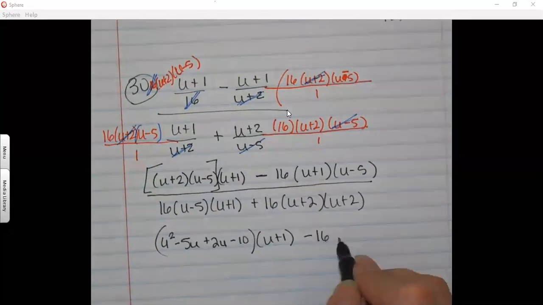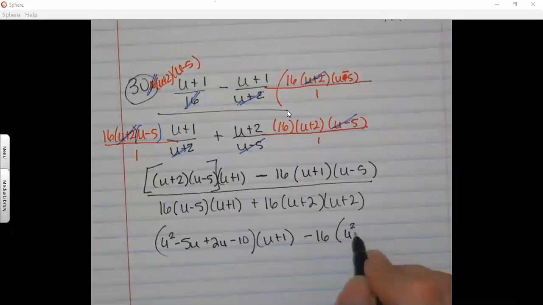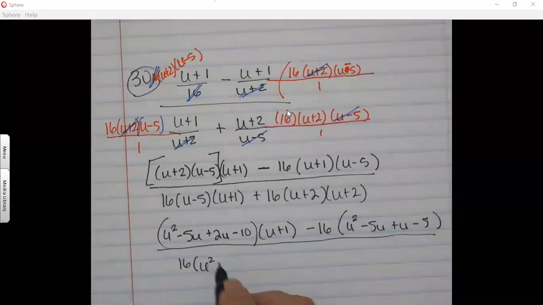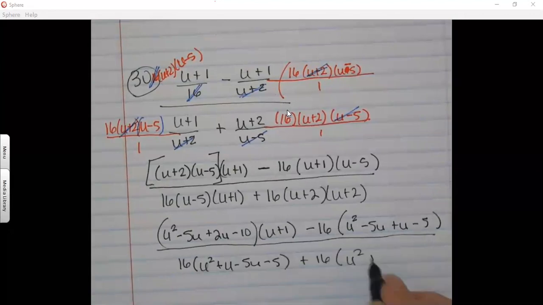Let's multiply u squared minus 5u plus u minus 5. I'm doing this quick, so I hope I don't make mistakes. Bottom, 16 times u squared plus u minus 5u minus 5 plus 16 times u squared plus 2u plus 2u plus 4.